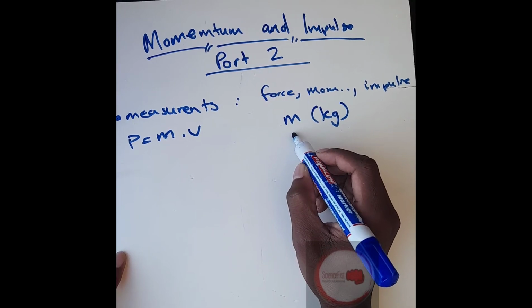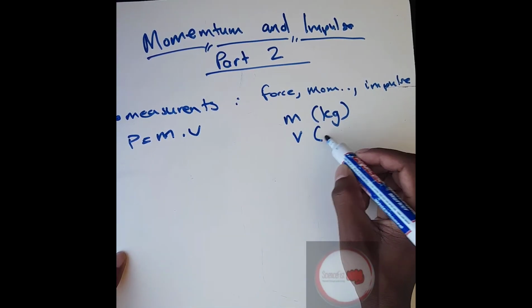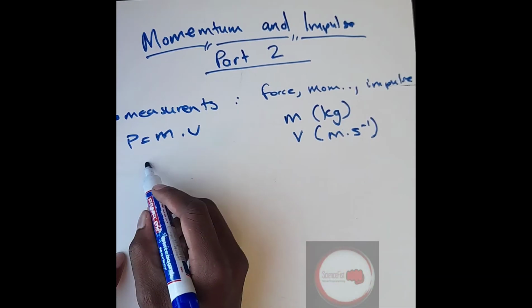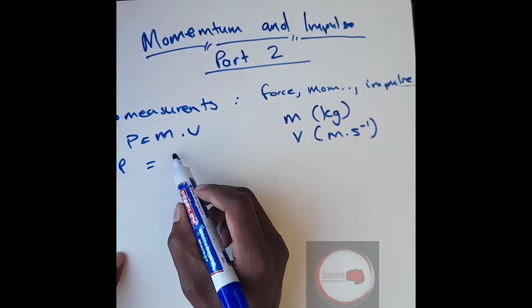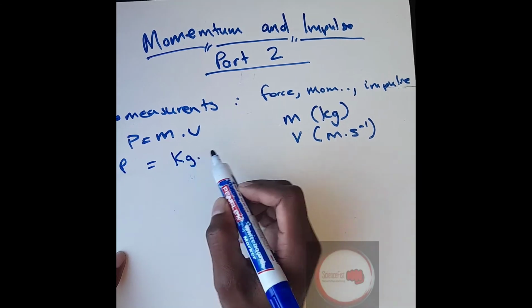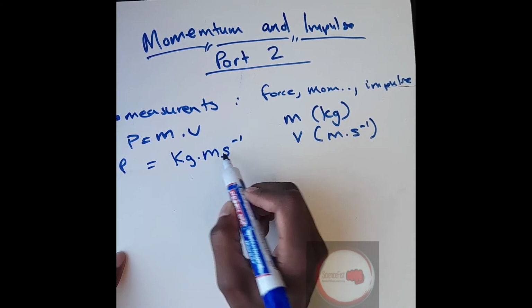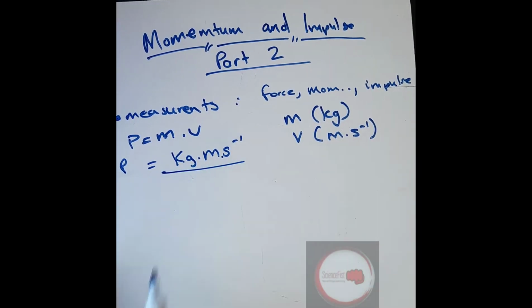The velocity will be measured in meters per second. So that makes momentum equal to kg meters per second. This is the measurement for momentum.